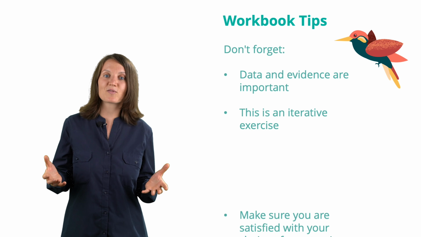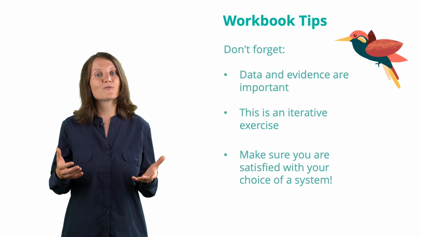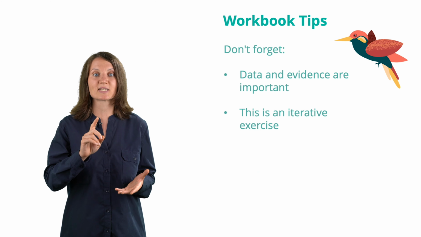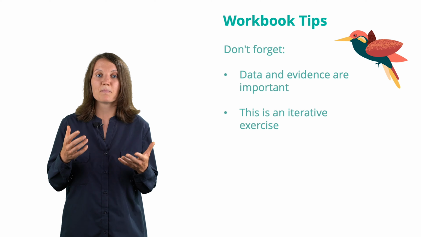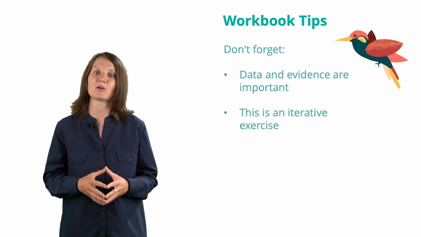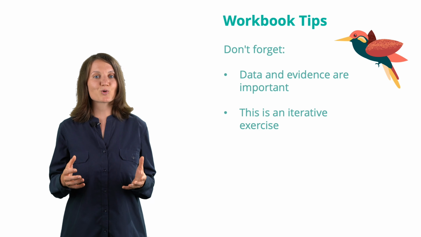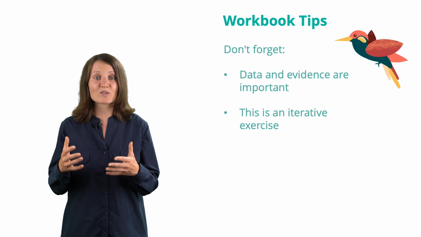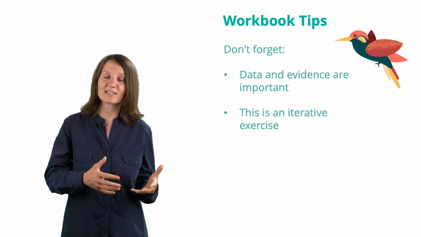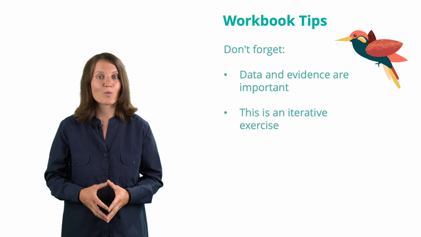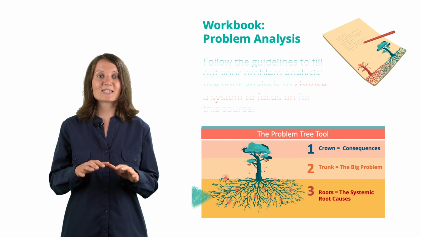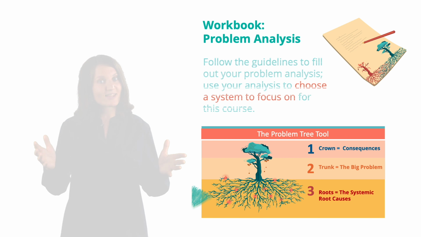The main purpose of this exercise is to make an informed choice of the specific system that is one of the root causes and needs to be improved among the many others that influence the big problem. Make sure you don't make it any more complex than that. We hope that by the end of several iterations of this exercise, you feel confident with your choice. The choice of a system now will set the direction of our work in the next weeks.